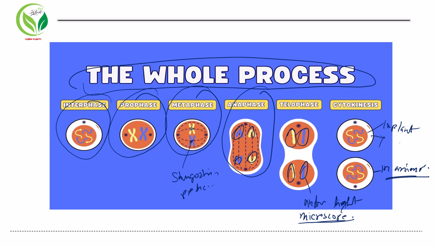What is the main important point in plants? In plants, a cleavage furrow is not possible. In animals, it is possible.